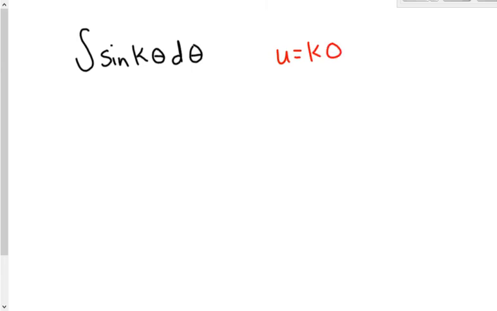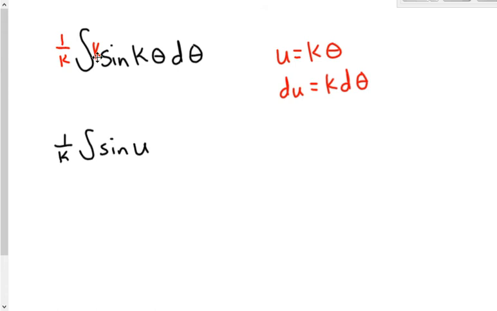I'd let u be k times theta, so then my du is going to be k d theta. Right? So I've got the sine of k theta, I've got d theta, I need k d theta, so I'd multiply this by k here and 1 over k over here. So now I'd have 1 over k, or 1 over some constant, times the integral of sine of k theta, which is now my u, and then the k d theta is my du.